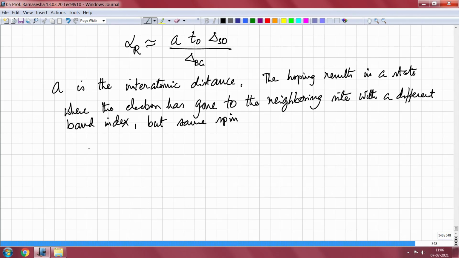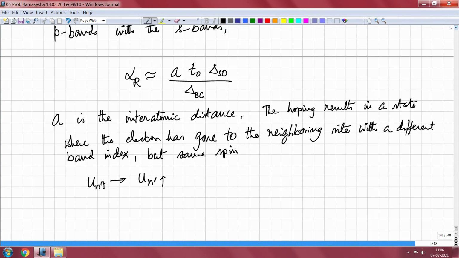So basically you are saying that u n up goes to u n prime up, which is the virtual state through this hopping term, which is actually the off diagonal term in the Hamiltonian, and then through a spin orbit interaction term, this goes to u n down.